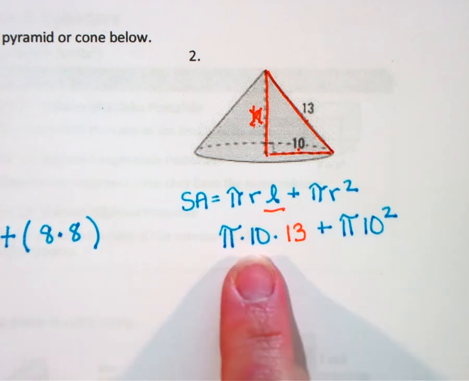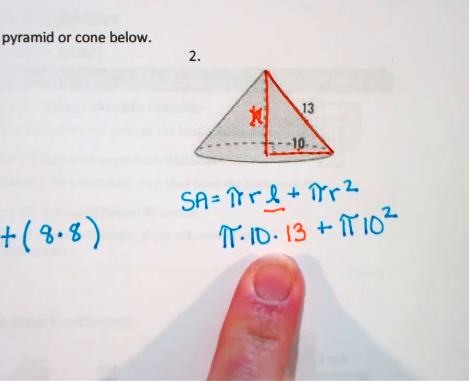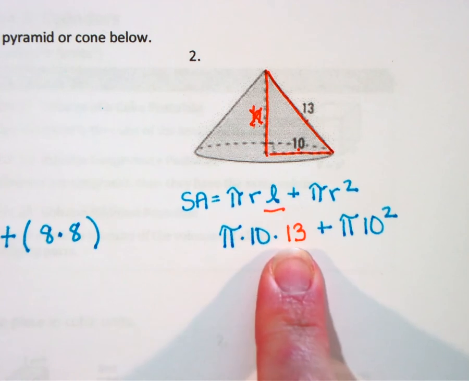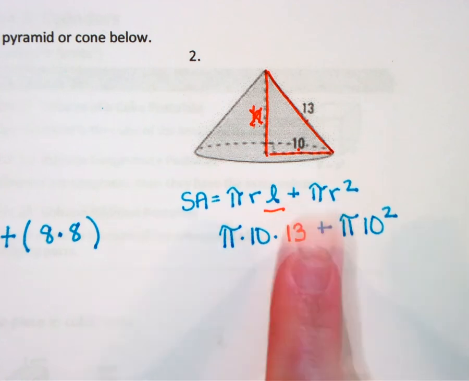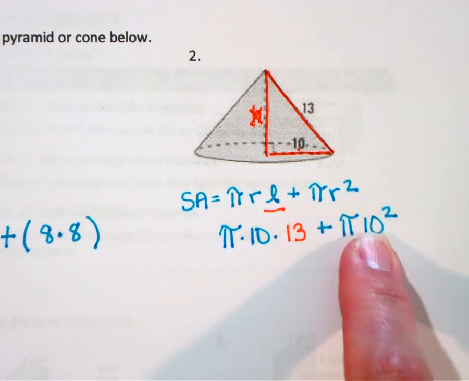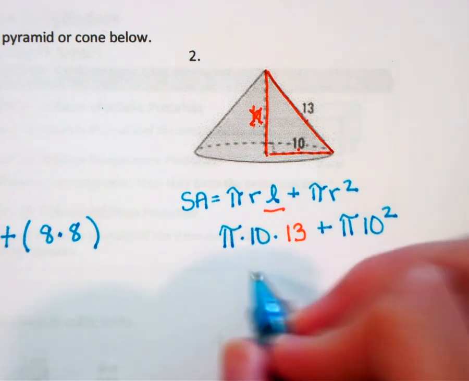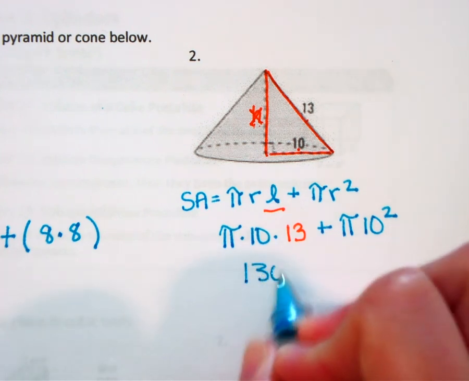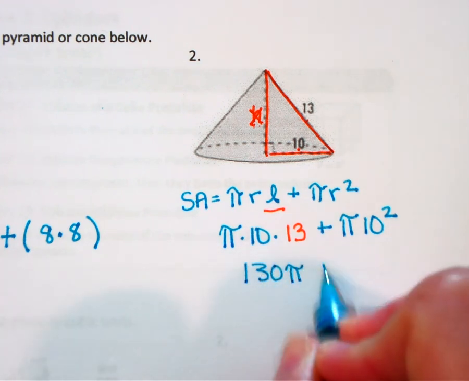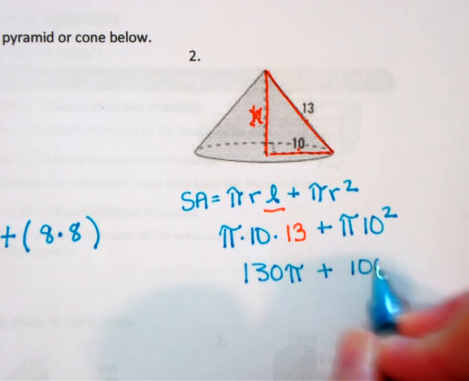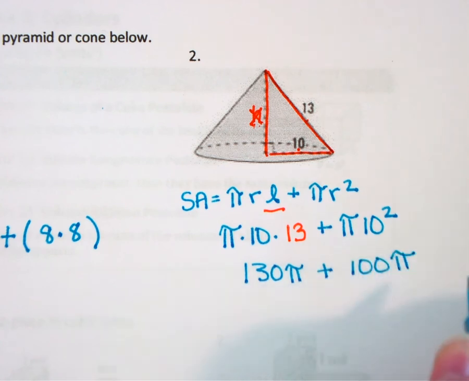Okay, and if you want to simplify this, you can. So we're going to take 10 times 13, and that's going to be 130 pi, plus 10 squared is 100 pi, and then we can add them together. Since they both have pi's, put those two together.